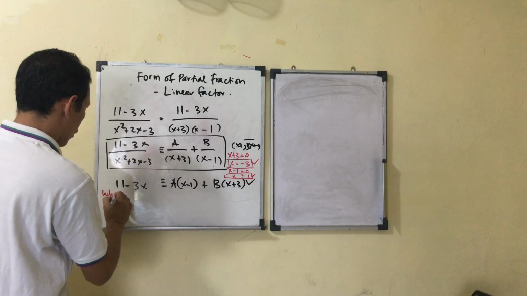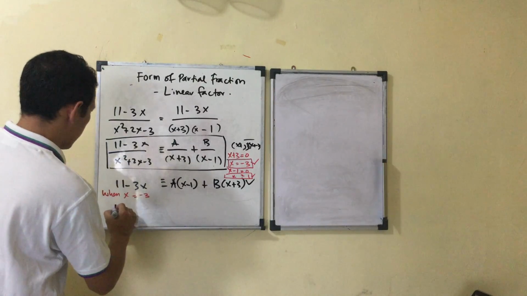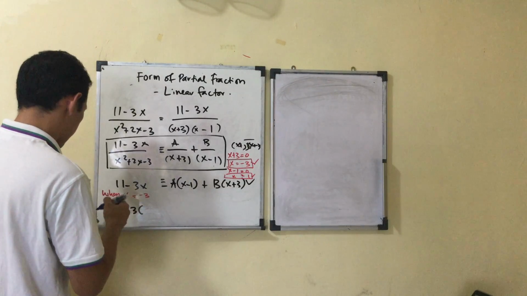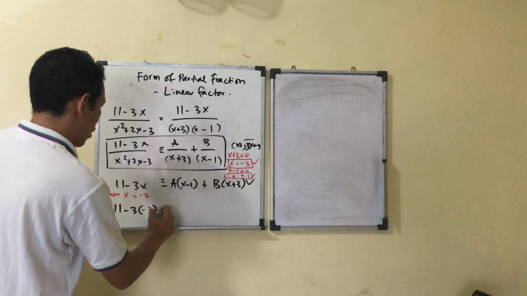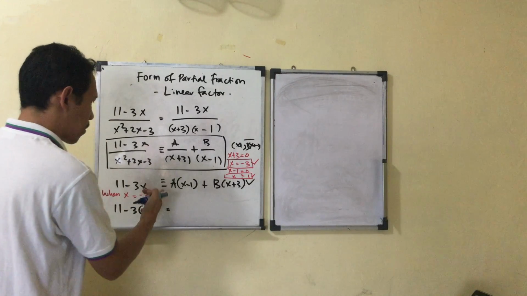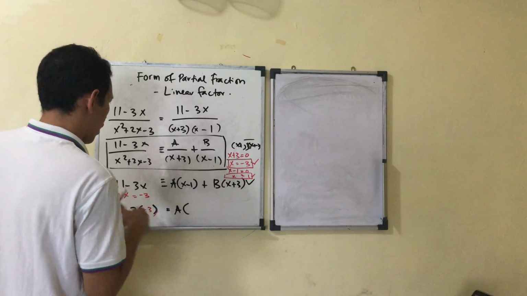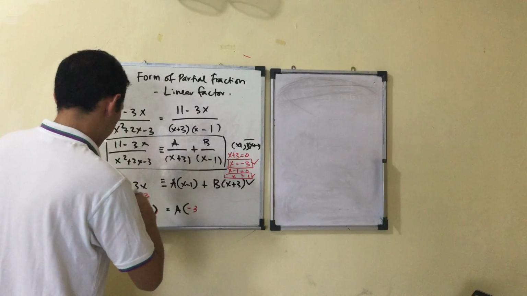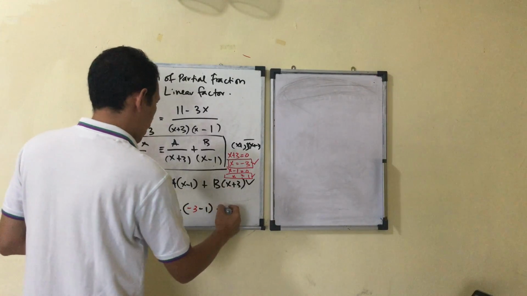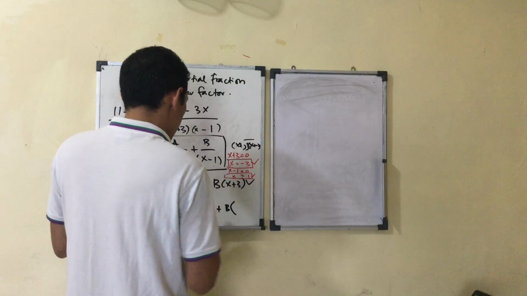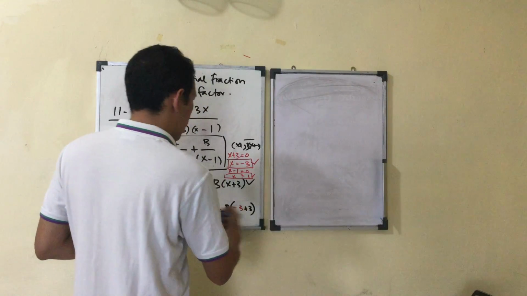When x equals negative 3, what do you have? 11 minus 3 times negative 3 is equal to A times negative 3 minus 1 plus B times negative 3 plus 3. This one becomes 0.